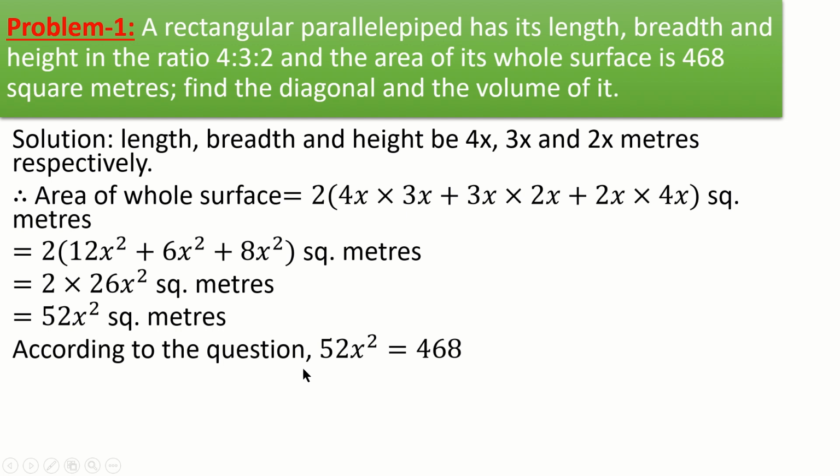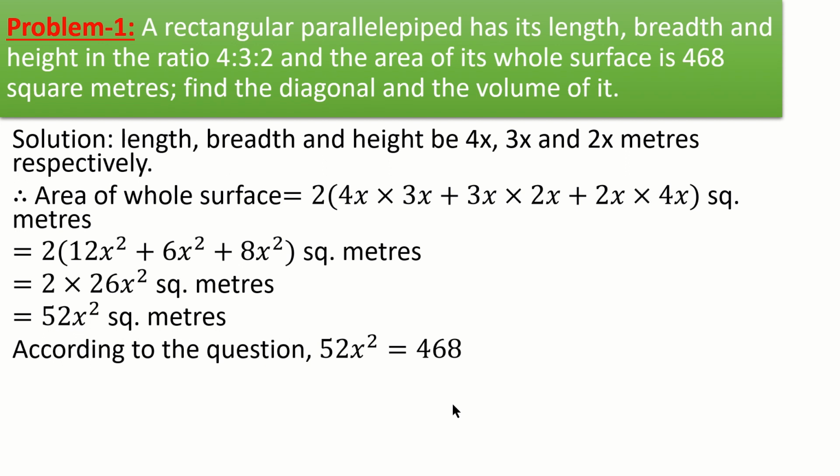According to the question, the given full surface is 468, therefore 52x square equals 468, as here are square meters, also here are square meters, both sides square meters cancel.